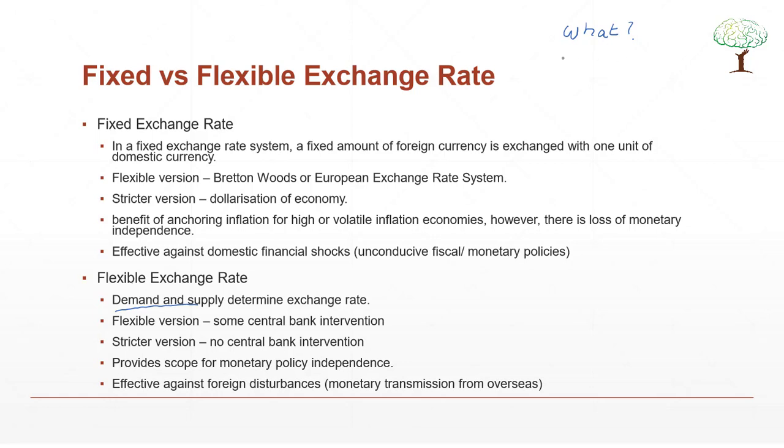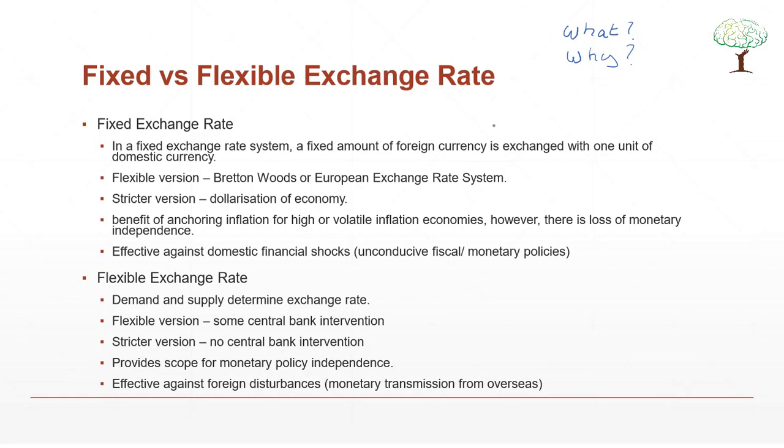But the question then arises is why do we require, or in a sense prefer, flexible exchange rate? Countries all over are moving towards flexible exchange rate, and this has been the trend, especially in the 21st century.